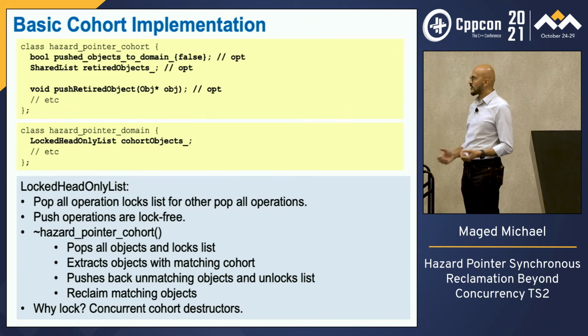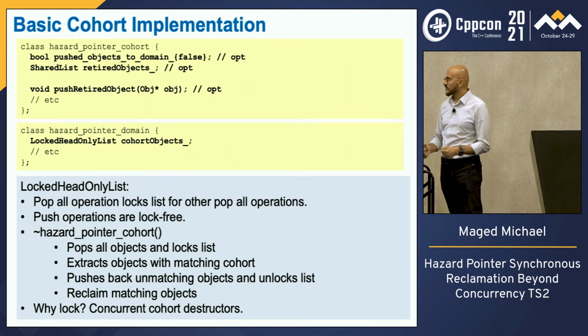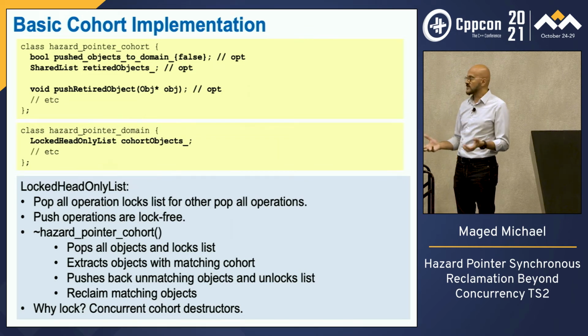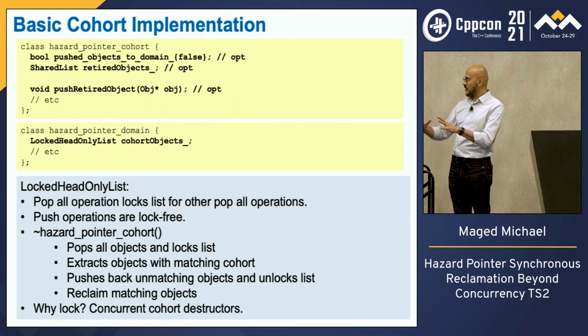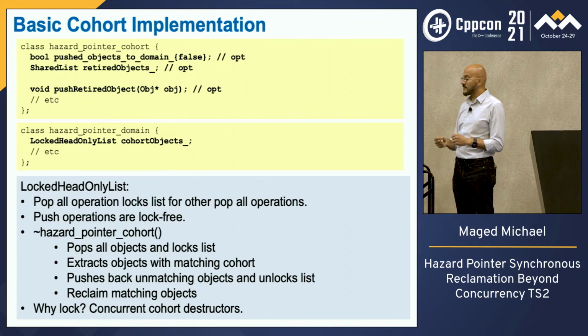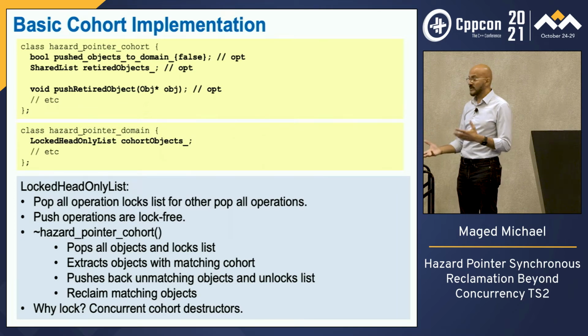What does the destructor of a cohort do? It goes and pops the objects that potentially could belong to it. It doesn't know which belong to it and which don't, and it locks the list because it may extract objects that belong to other cohorts. Now it extracts just the objects that match its own identity, then pushes back the unmatching objects and unlocks the list, to allow another cohort destructor to do the same operation.